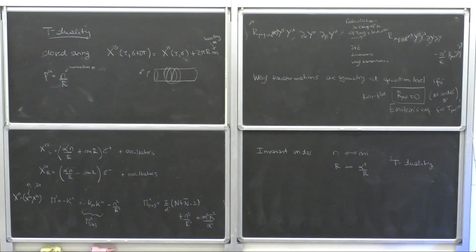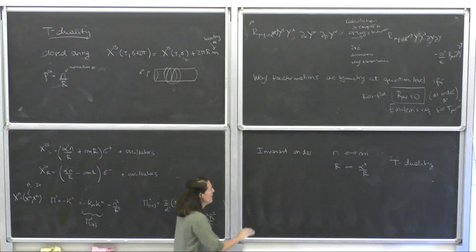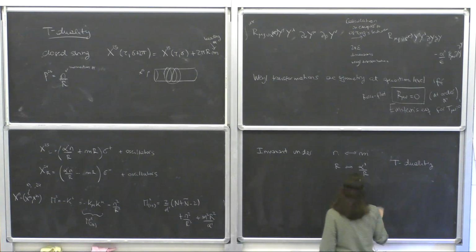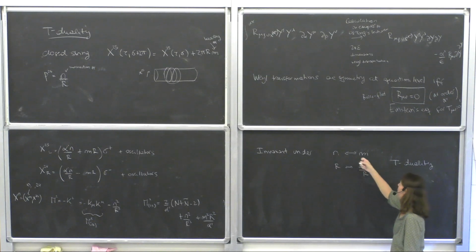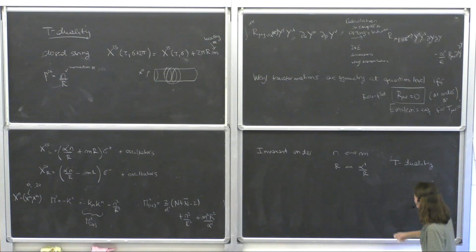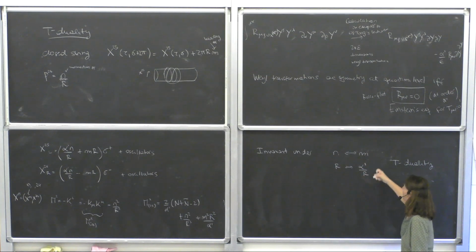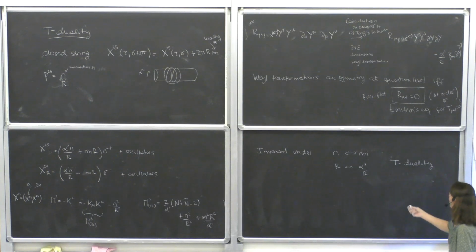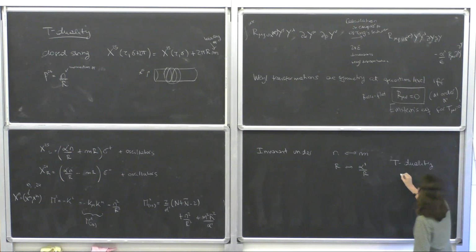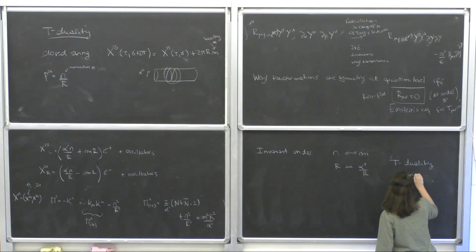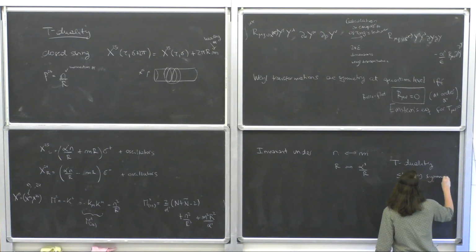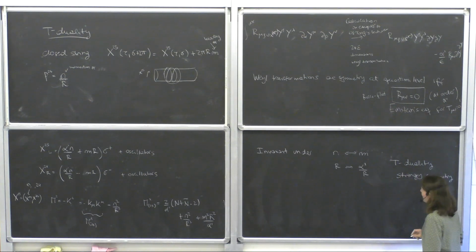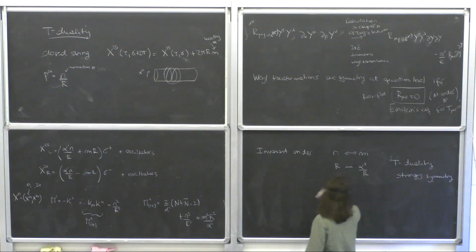Well, Planck size is self-dual, but if that radius is small, you can go to a T-dual frame, exchanging momentum by winding, and the radius by alpha prime over r. So this is a stringy symmetry that doesn't appear in point particles, and it's very important and plays a big role.